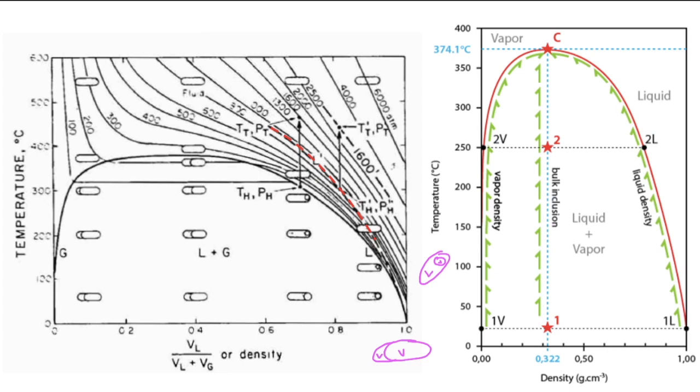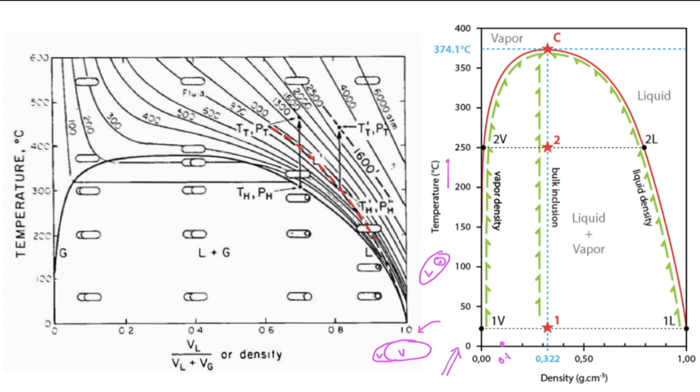Now see this graph, the one on the right side. Here there is temperature on the y-axis and the density of the inclusion on the x-axis. Try to imagine you have an inclusion that is vapor rich. It will have a density towards the lower side, let's say somewhere here, 0.1.